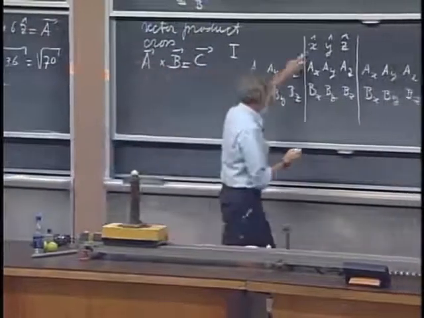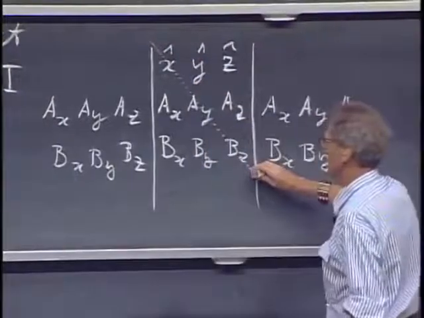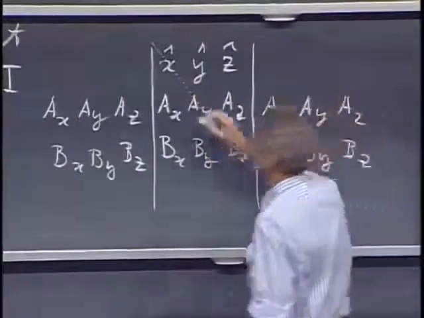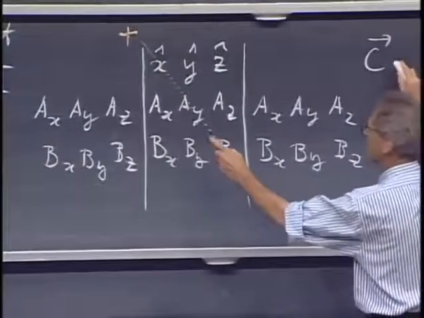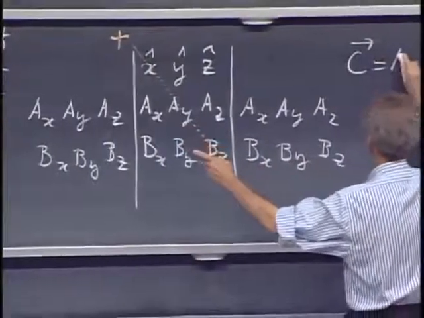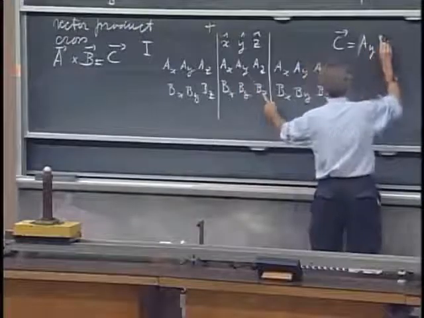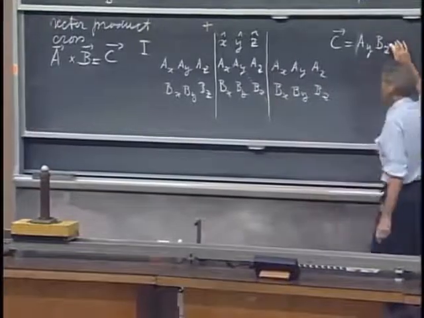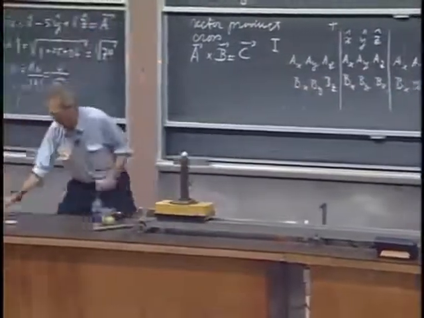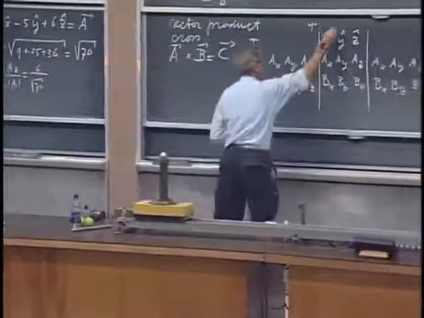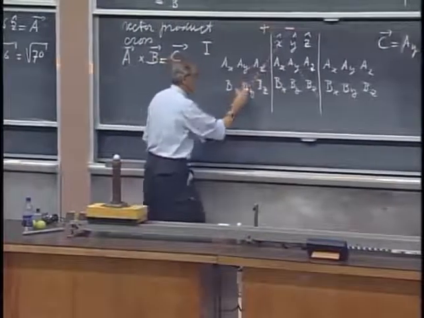You go from the upper left-hand corner in this direction. You multiply them all 3, and that's a plus sign. So you get C, which is the A cross B, equals AY times BZ times the X roof. But I'm not going to put the X roof in yet, because I have to subtract this one, minus sign, which has AZBY.